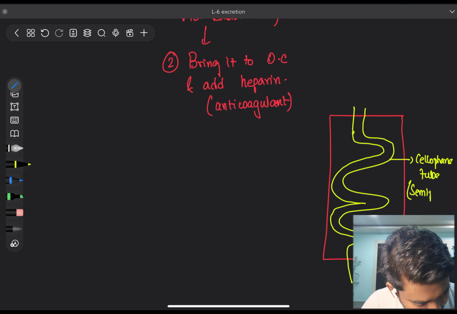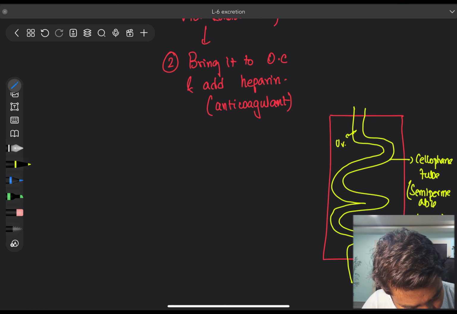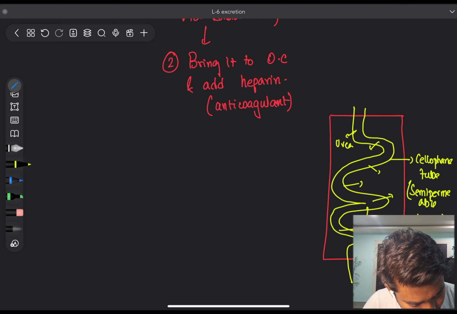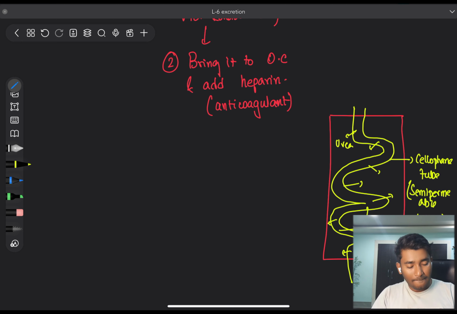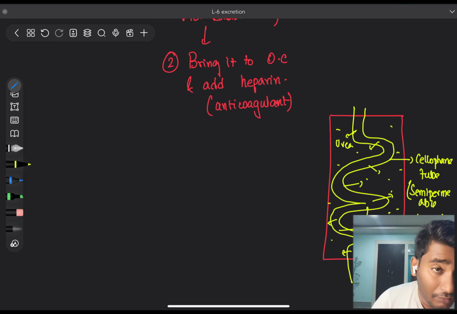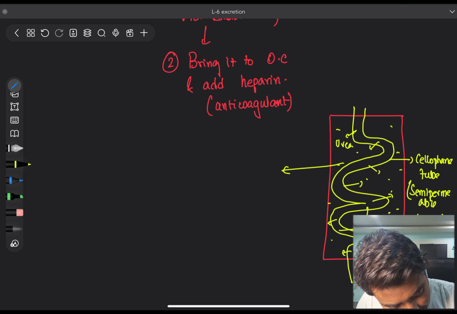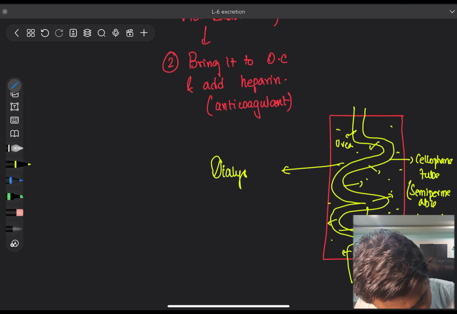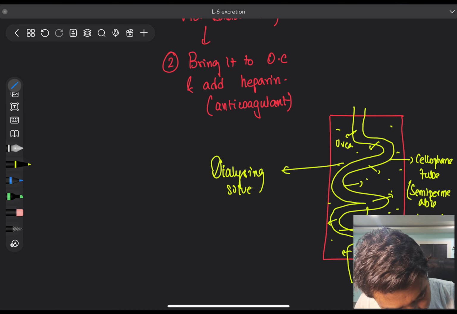It is semi-permeable and porous. Here the urea is taken out because there is a dialyzing solution outside the cellophane membrane.